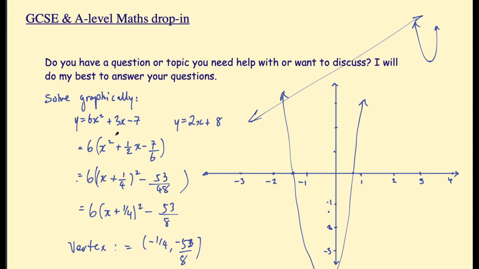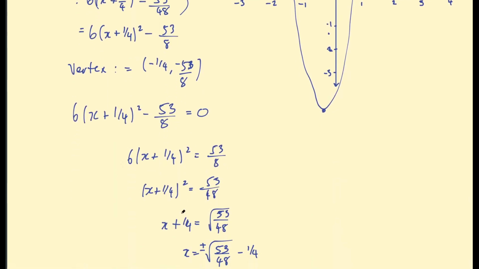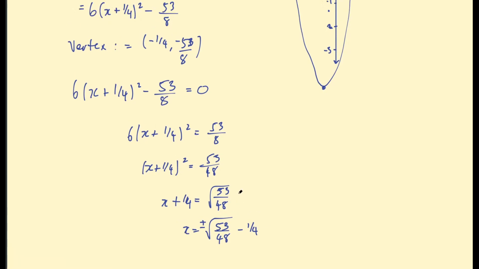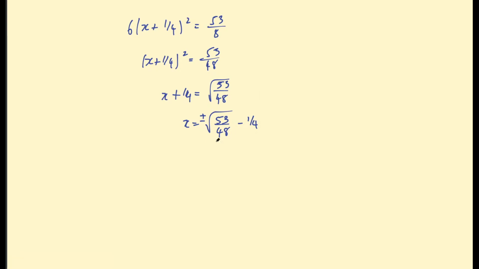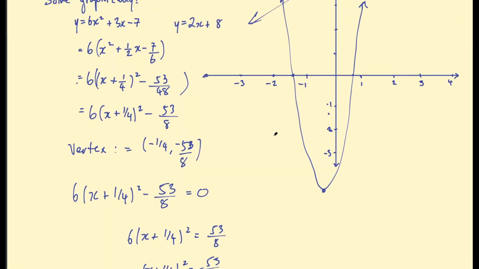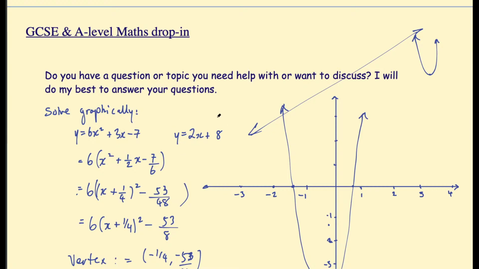And that is also horrible because the x solutions for this quadratic are irrational numbers. They are these square roots, negative and plus root 53 on 48 take 1/4. So you have to substitute that into this. Okay, so it's just messy and horrible, and I don't know.